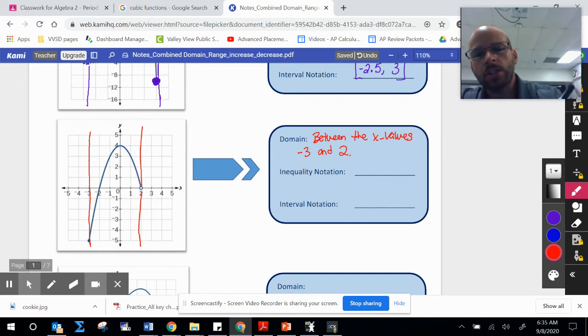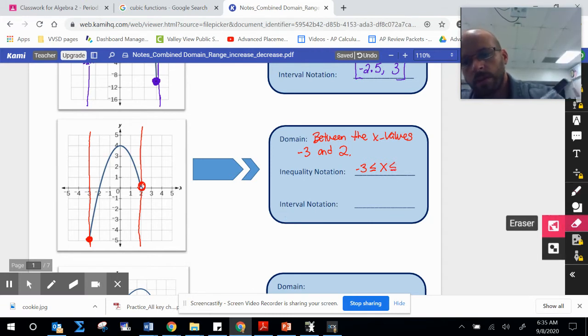However, this isn't descriptive enough, because do you see how there's an open circle at 2? I'm going to highlight that here. So the way that we write this is negative 3, and at negative 3 was a closed circle, so that gets a less than or equal to x, which is less than or equal to. X is always in the middle. 2.